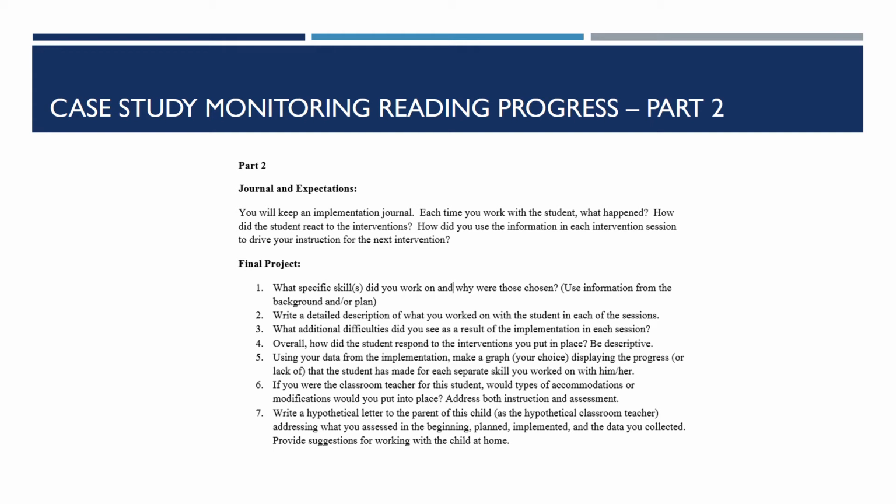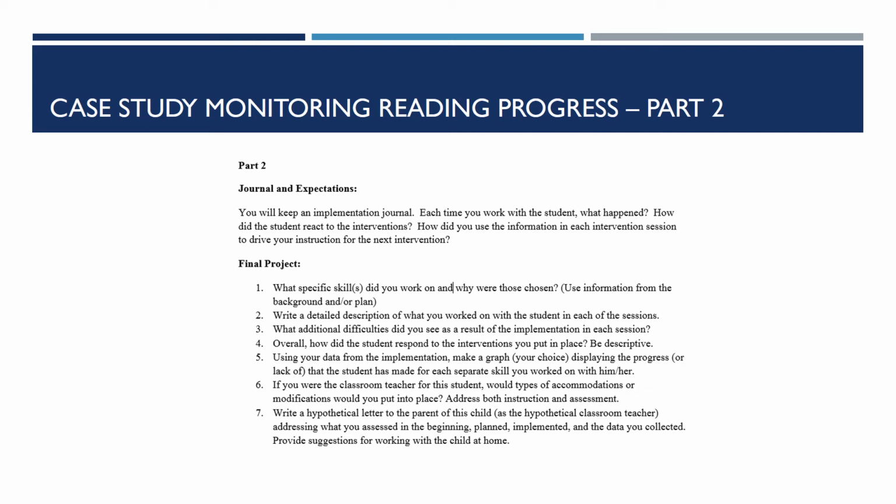How did he react to the interventions? And then how did you use the information in each intervention to drive the instruction for the next one? So what did you learn in intervention 2 that helped you for intervention 3? Again, you'll have to use part of what you learned from your readings in order to sort of fill in the gaps on this.